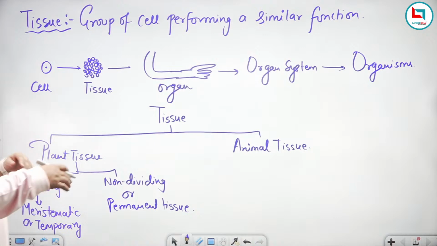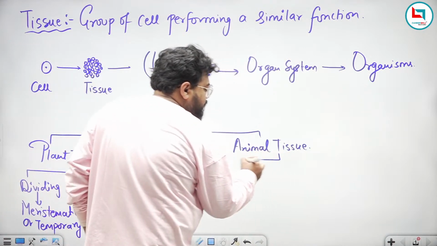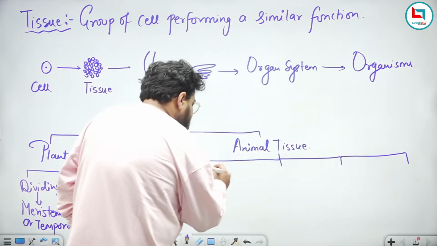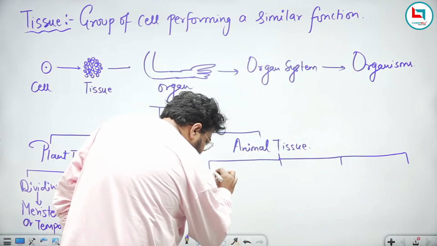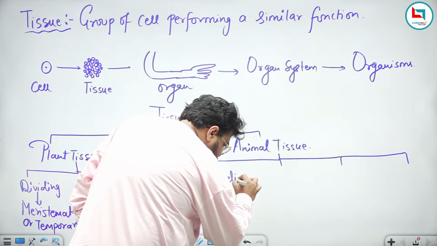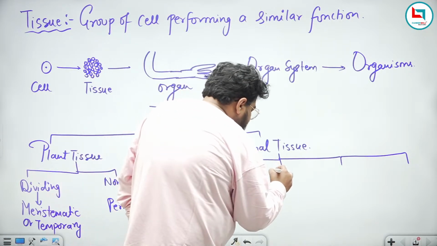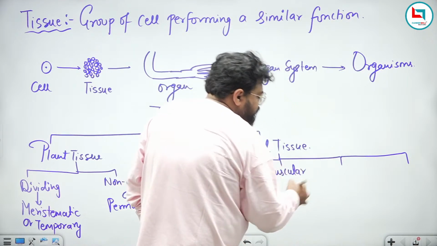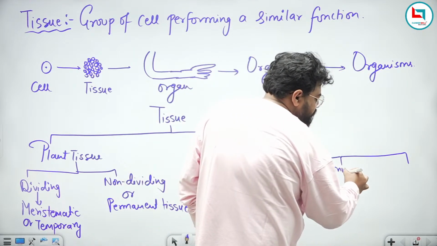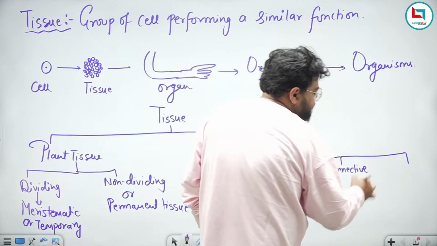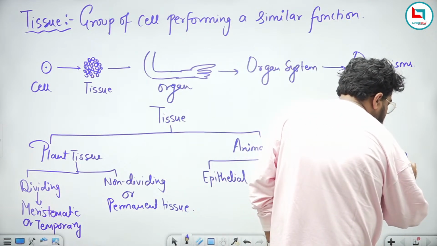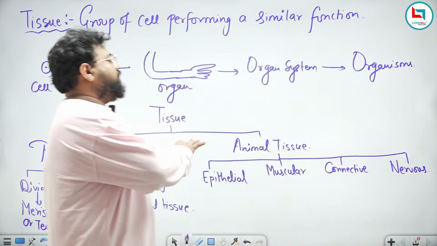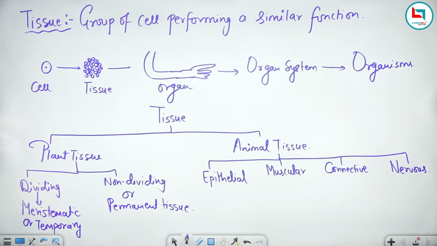So the tissues which are found in animals are of four different types, that is epithelial tissue, then we have muscular tissue, we have connective tissue, and we have nervous tissue. So for today we are going to discuss these different types of animal tissue.